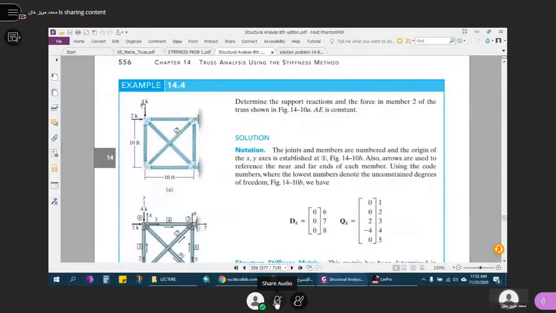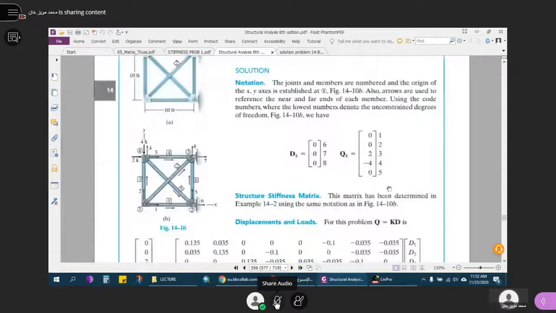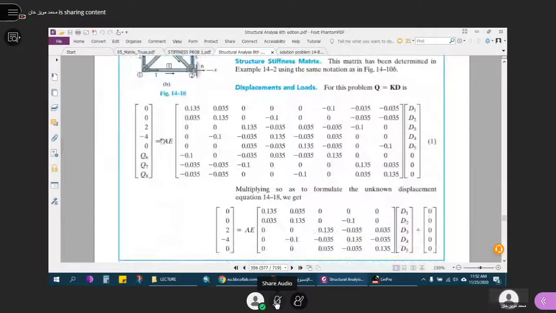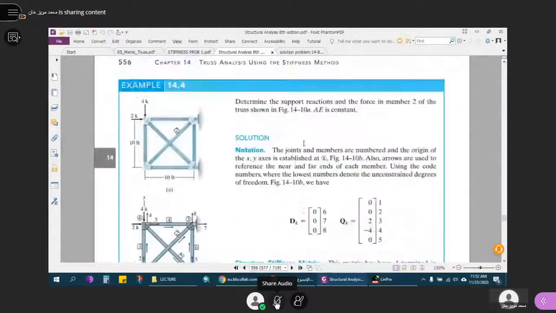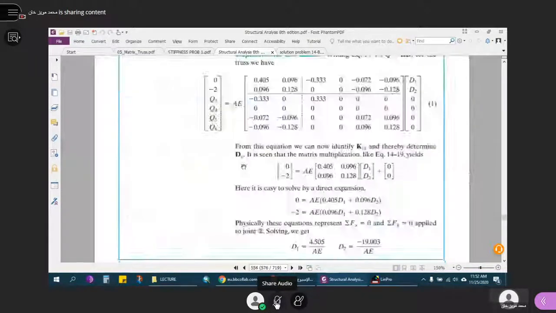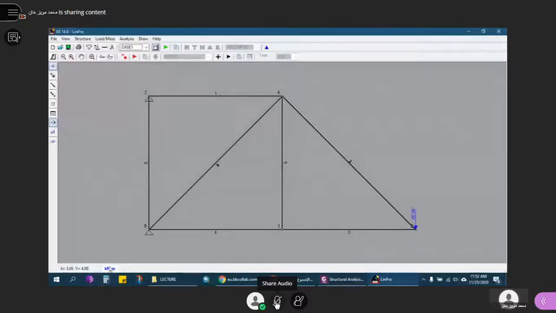See here, you have four kips, 4 pounds per inch, 2 pounds per inch, 10 feet, 10 feet. So you cannot compare the stiffness matrix with LinPro because you need to convert each value of the textbook into SI units and then you can compare. That's why I have chosen the problems from the textbook which are in SI units. So don't worry, all the values are in kilonewton meter.